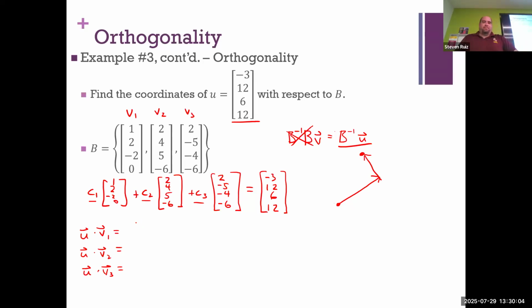What is U dot V1? Negative 3 plus 24 minus 12. Double check me. 9.